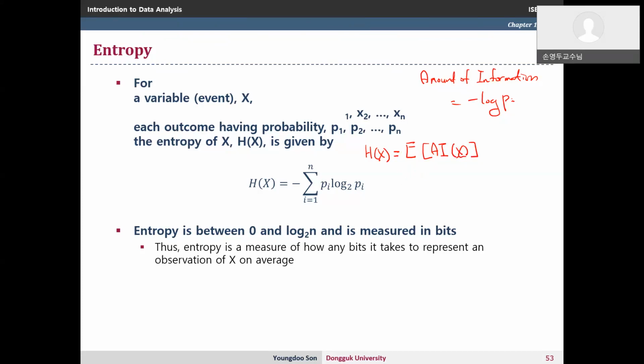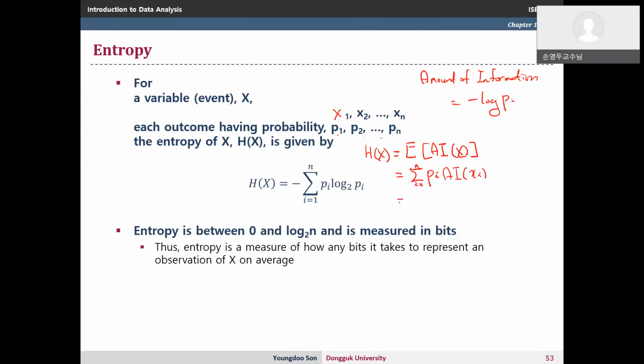So here, if the outcomes of X are discrete, from x1 to xn with probabilities p1 to pn, then it can be written as the summation over i from 1 to n of pi times the amount of information of X equals xi, or in short, xi.